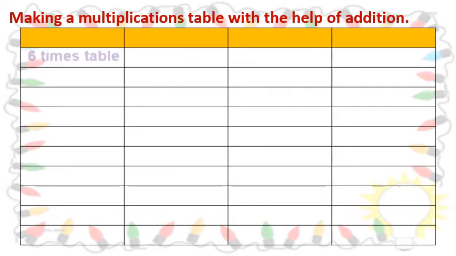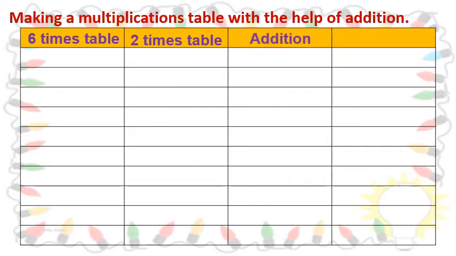I will take here 6 times table and 2 times table in the second column. Then we will add these two table numbers. Now we will get 6 plus 2 is 8, isn't it? Means we will get the 8 times table. The same procedure you can use for any table.